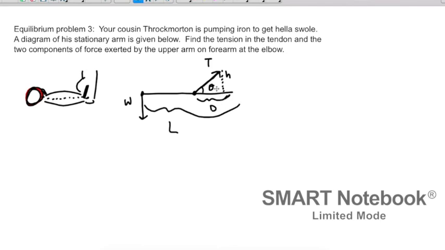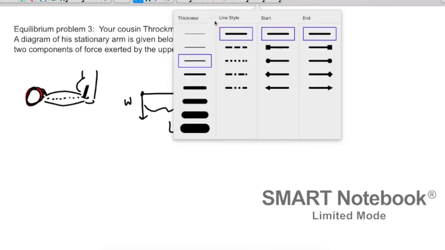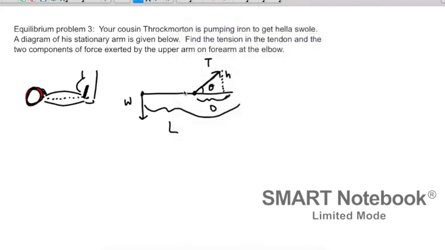Now there are also forces that are being acted on the forearm by the upper arm. In addition to the tendon, the upper arm muscle support structures itself supply forces on the forearm. And this is one thing that I'm trying to find.